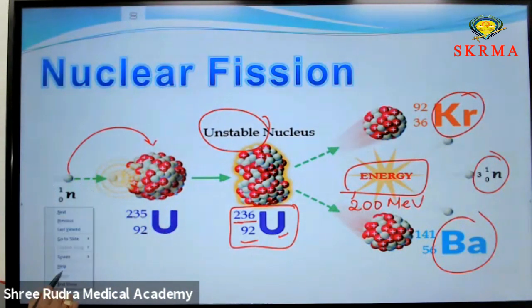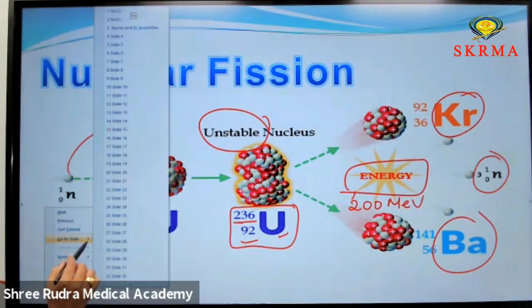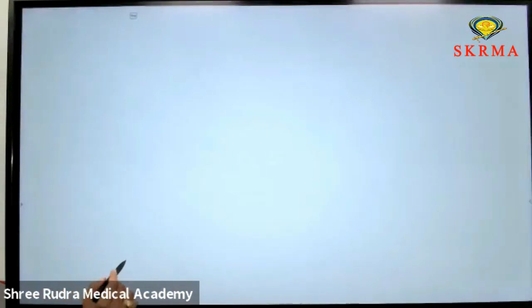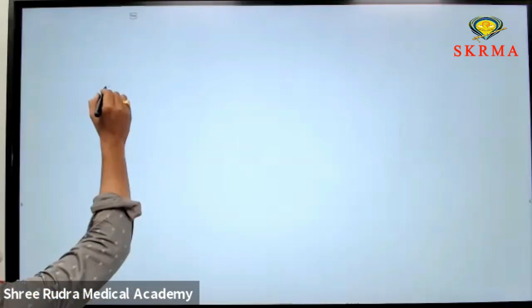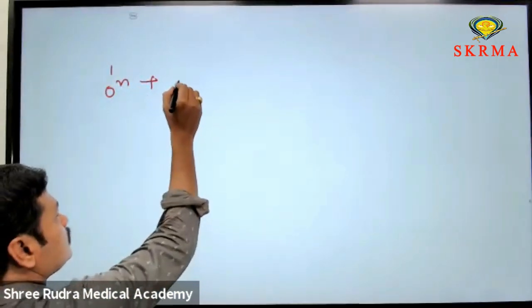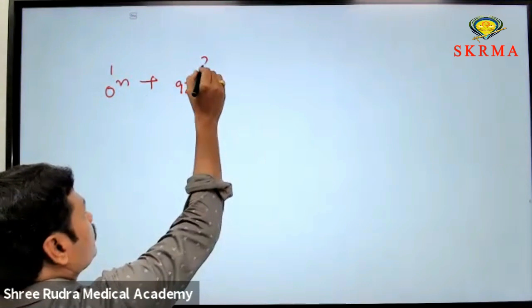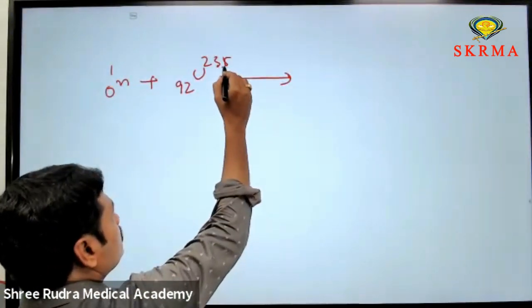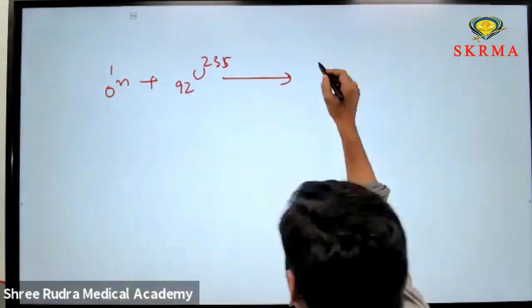Based upon that process, we can discuss like this. The basic reaction can be written as the neutron reacts with 92 uranium 235 and gives us barium.